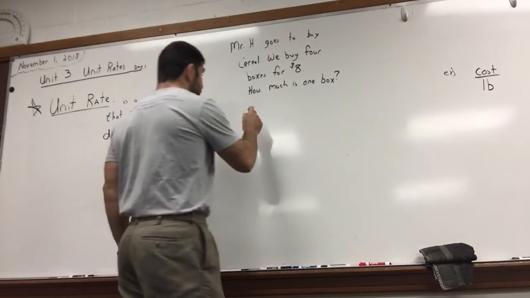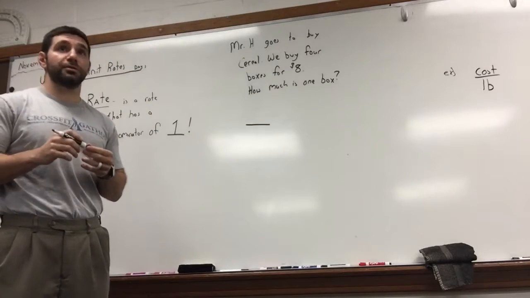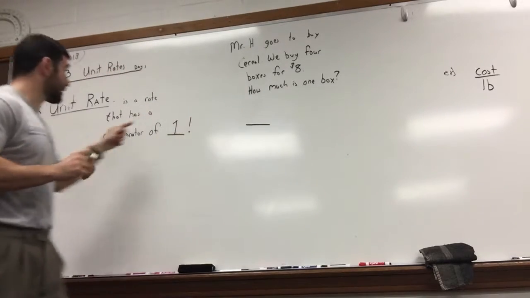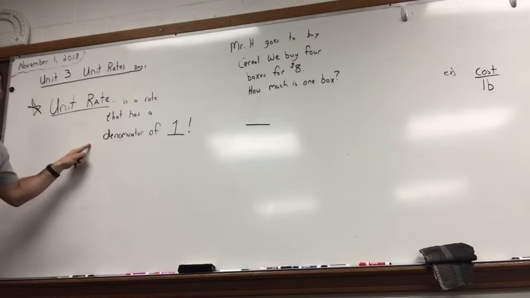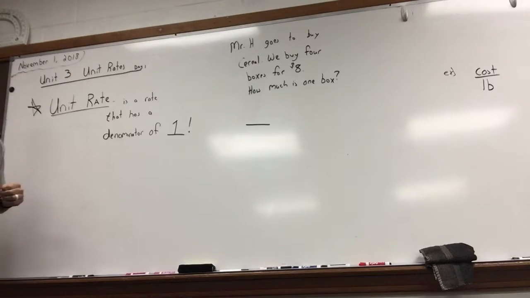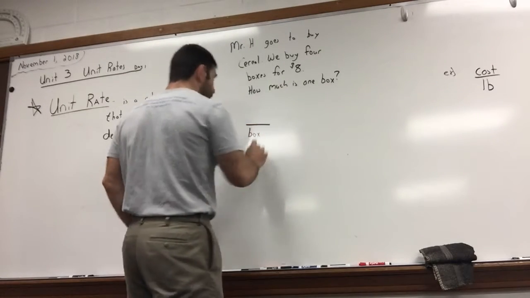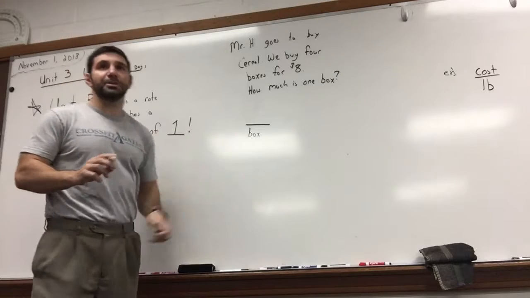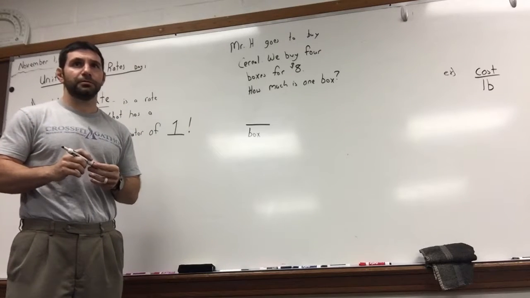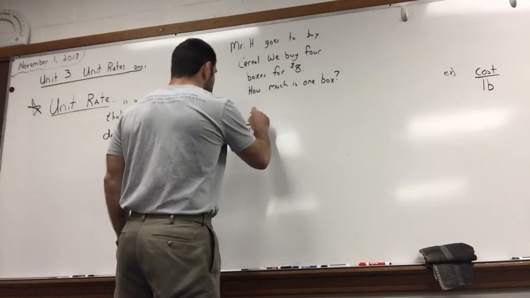So the first thing that I'm going to do is set up just with words. If we're looking for 1 box, unit rate needs a denominator of 1. Denominator is which part? Top or bottom? Bottom. So my boxes are down here. What's up top? Owen? The cost, the dollars.